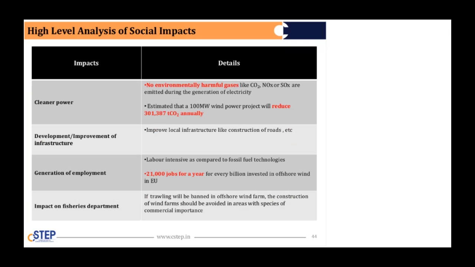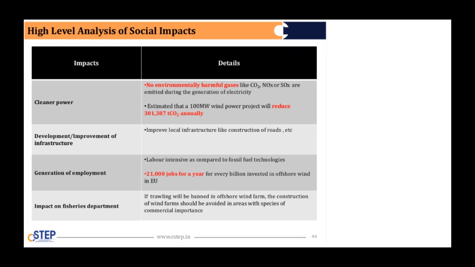Now the high level analysis of social impact. We perceive that offshore wind technology will be widely accepted because it is a cleaner source of power. There are no environmentally harmful gases. It's estimated that a 100 megawatt wind power project will reduce 3 million tons of carbon dioxide annually.